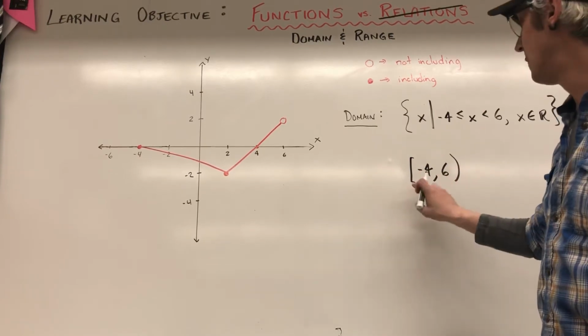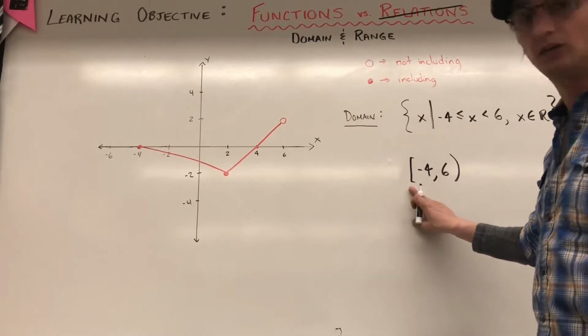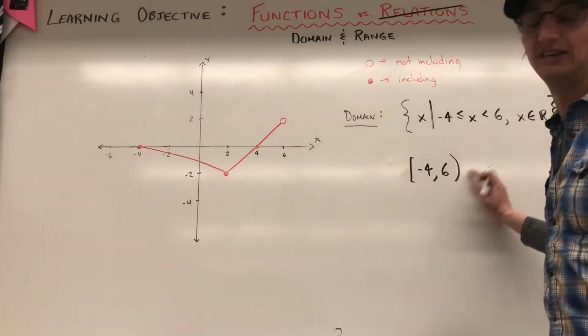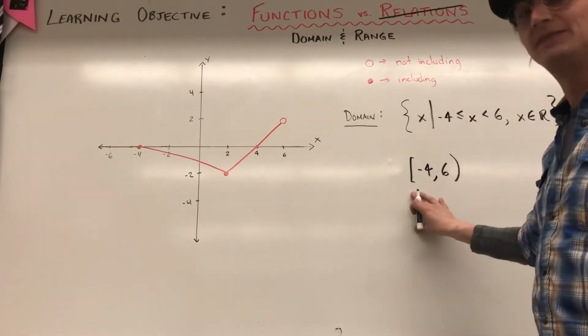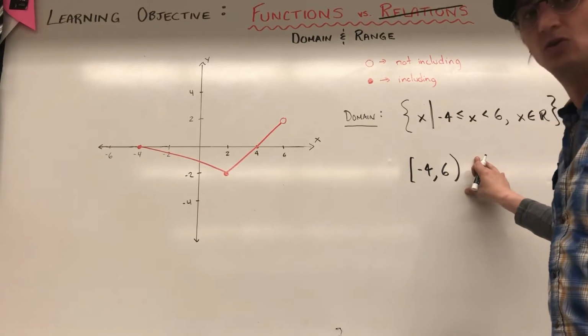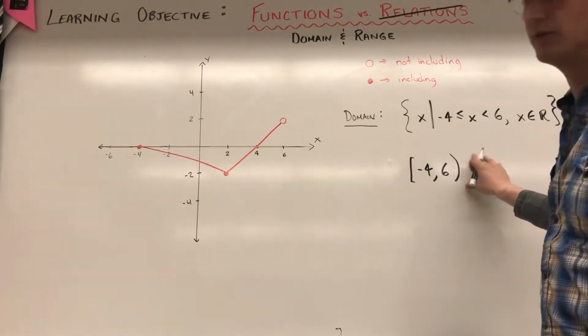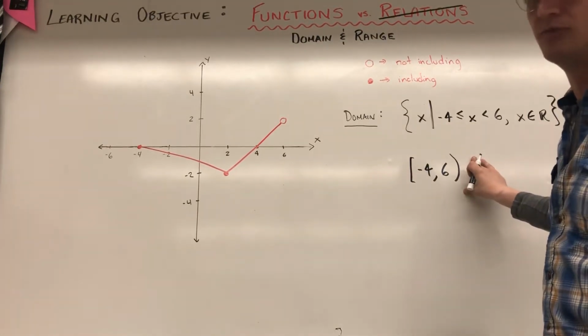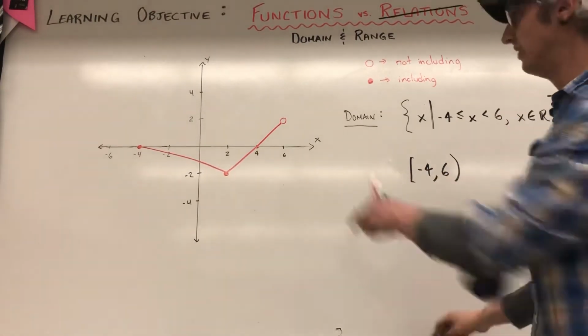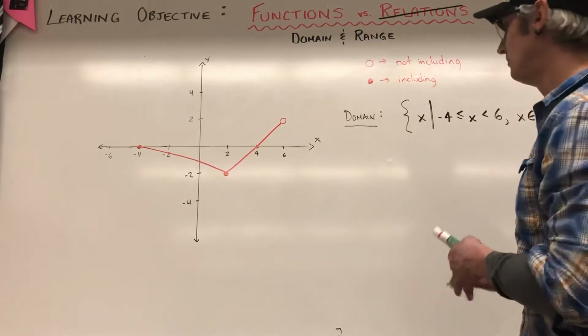So basically it's saying we are going from -4, including -4, all the way to 6, but we don't include 6. So square brackets mean we include that number. Round brackets mean it's up to that point or from that point, but not including that. So that's the two ways we can represent the domain on this function, -4 to 6.